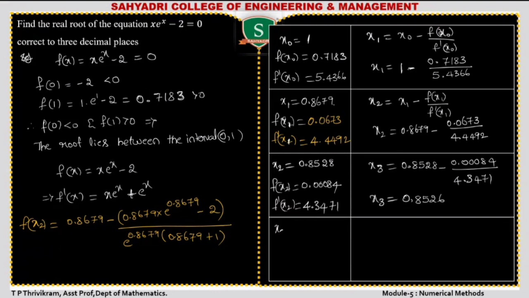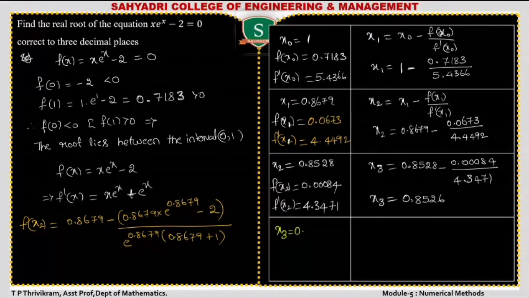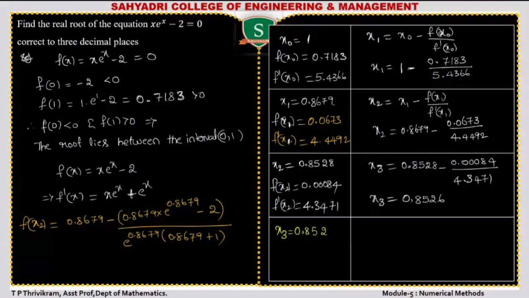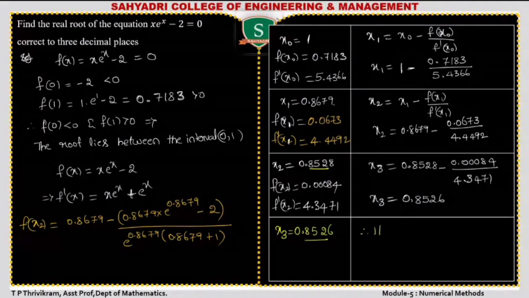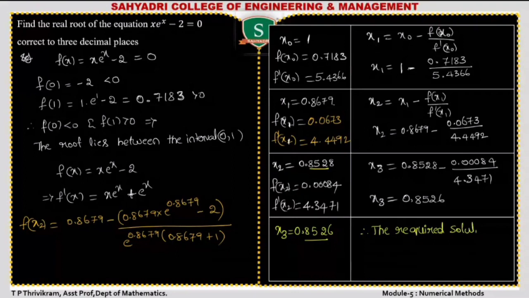Here also I can write x3 is equal to 0.8526. The 3 digits here and here matched. So therefore the required solution is x equal to 0.8526.